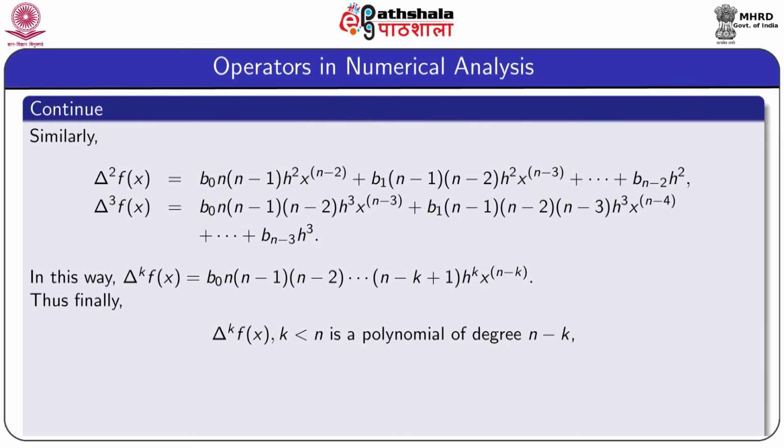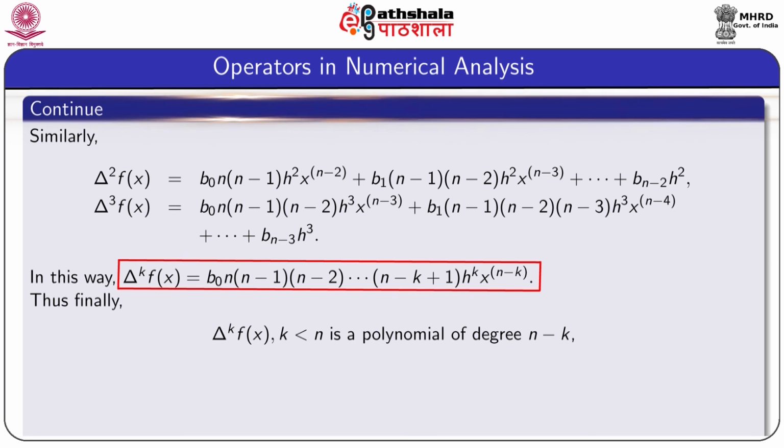And note that this is a polynomial of degree n-2, and the third order difference Δ³f(x) equals b0 n(n-1)(n-2) h³ x^(n-3) and so on. The last term is b(n-3) h³. So, in this way we obtain Δ^k f(x) equal to b0 n(n-1)...(n-k+1) h^k x^(n-k).